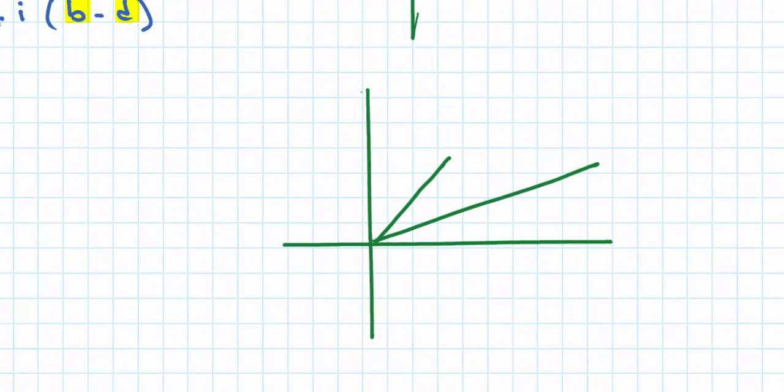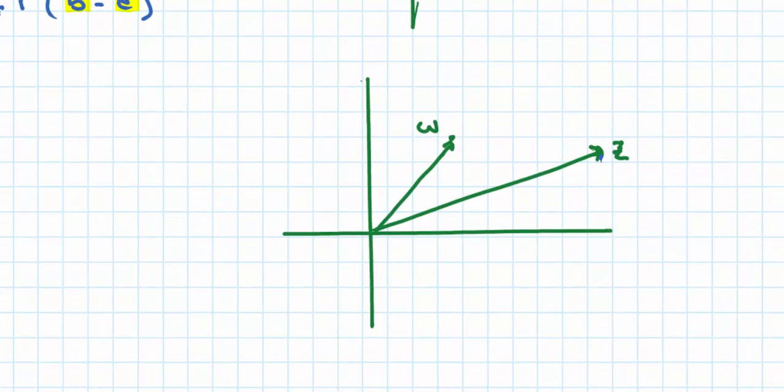So this time I am going to set this as my Z, and here's my W. That would be A. Maybe I should extend my W so that the values aren't so close to each other.